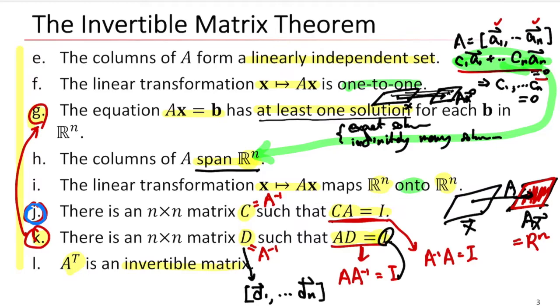And what is the identity matrix? The identity matrix is something like the elementary vector e1 through the elementary vector en, right?